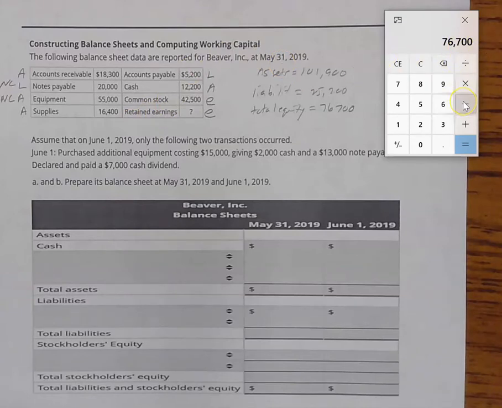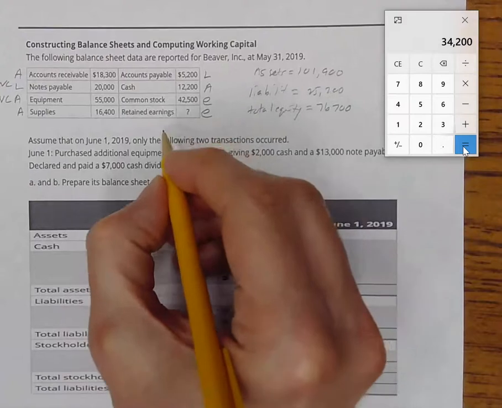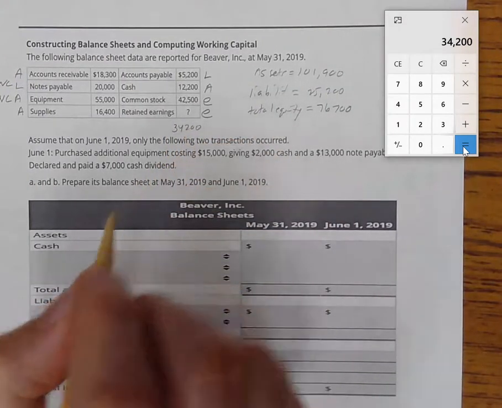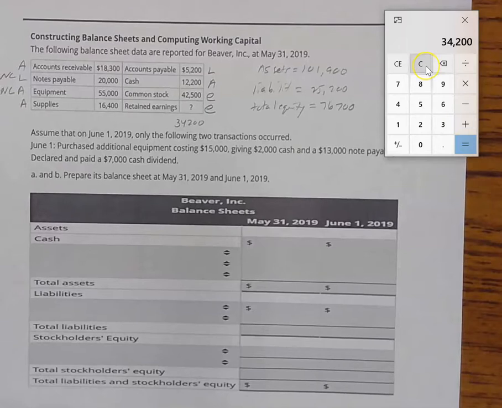So all I have to do now is subtract out the common stock portion of equity, 42,500. I'm going to end up with retained earnings on this date of 34,200. So we don't get any points for that, but we're going to end up needing it, I have a feeling.